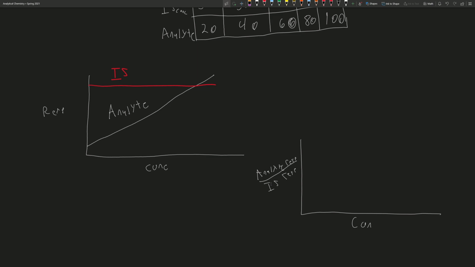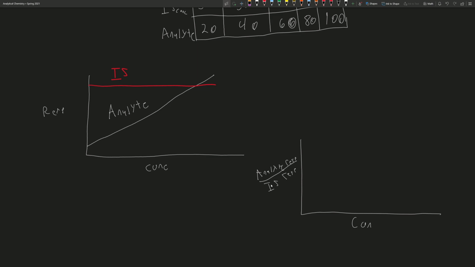If you run an internal standard, because the idea of what you're doing is taking a ratio of how the internal standard responds to how the analyte responds, you could account for those fluctuations in the instrument and actually eliminate them. So by using an internal standard, you're using a very powerful tool that will account for any variation or fluctuation that may occur in your analysis.